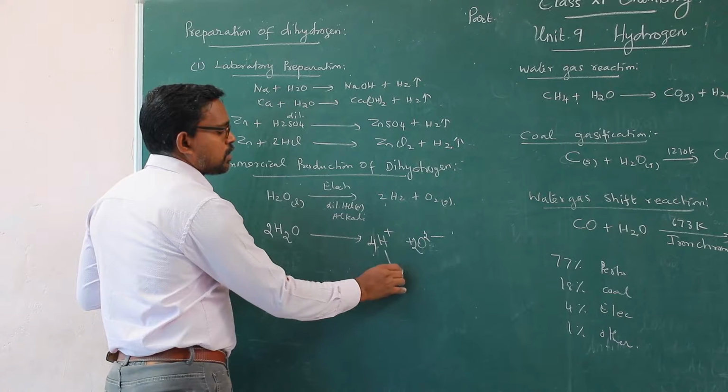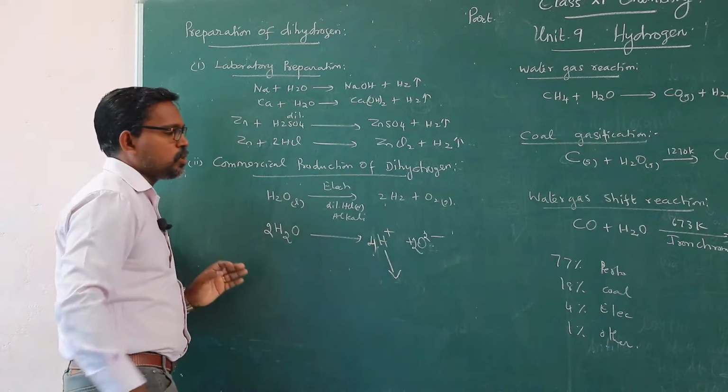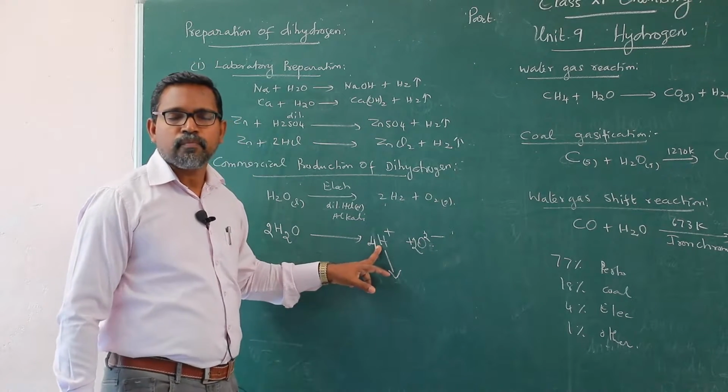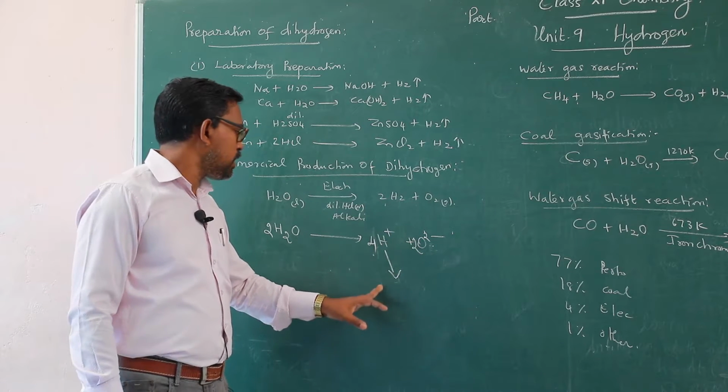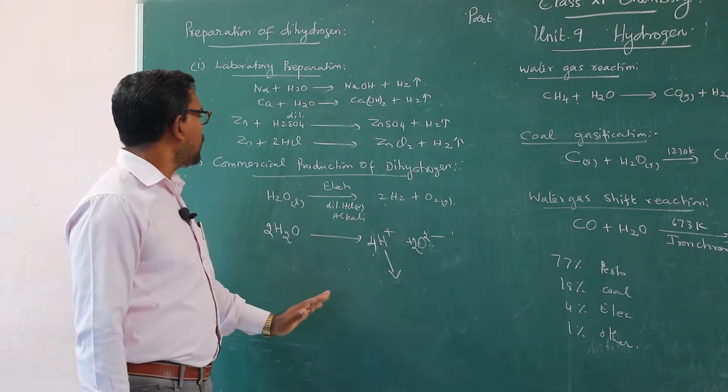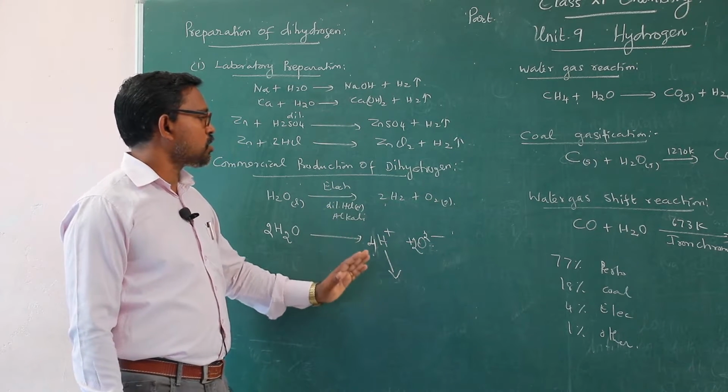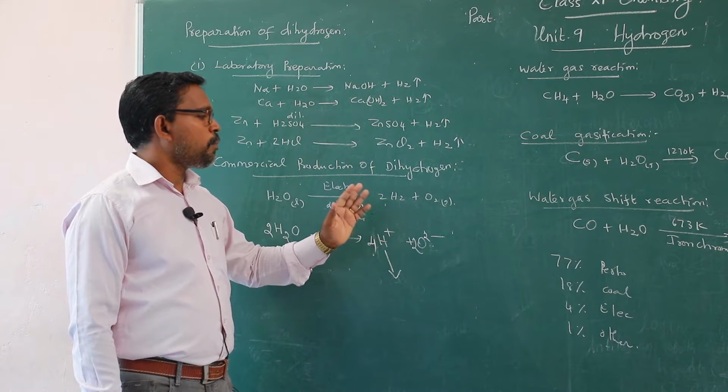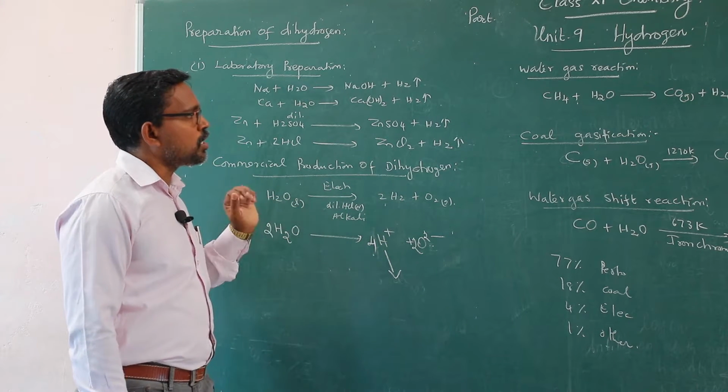The cations move towards the cathode. Hydrogen is liberated at the cathode, and oxygen is liberated at the anode. This is the normal electrolysis process of preparing hydrogen from water.